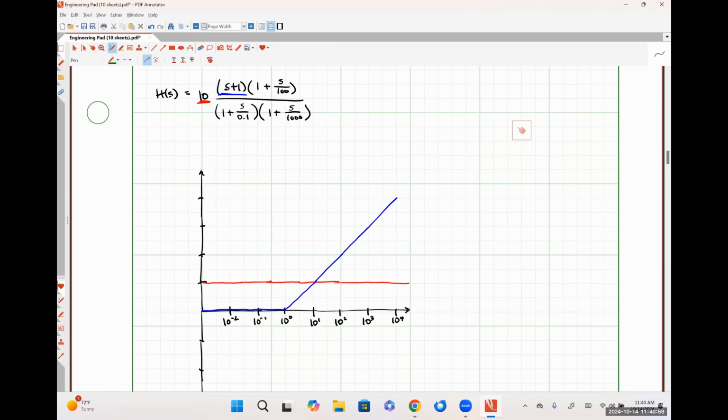Now in this green, let's take care of this other simple zero. So this is going to look like the exact same curve, except that it shifted over and it's going to start increasing at 10 to the 2.